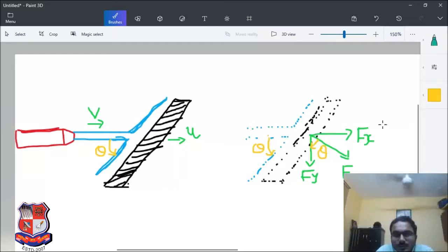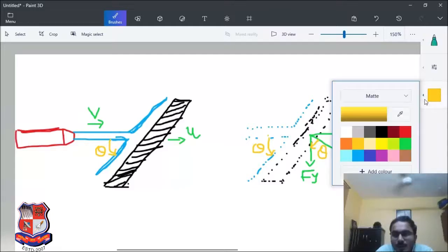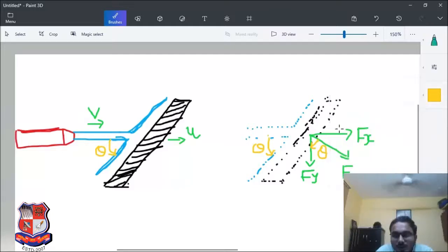Okay, so how have we arrived at this? Because if this is theta, then this angle will also be theta. If this is theta, then this will be 90 minus theta, and this will come again as theta. So on that logic, this is theta.